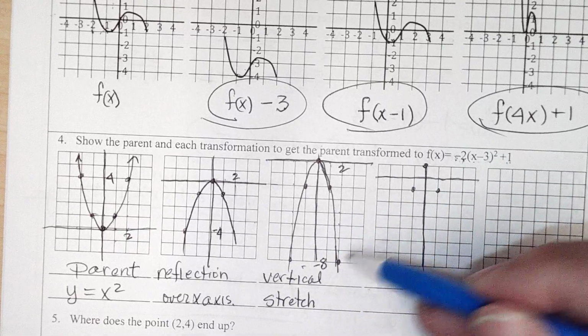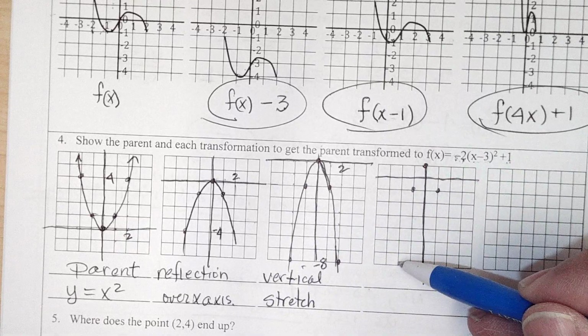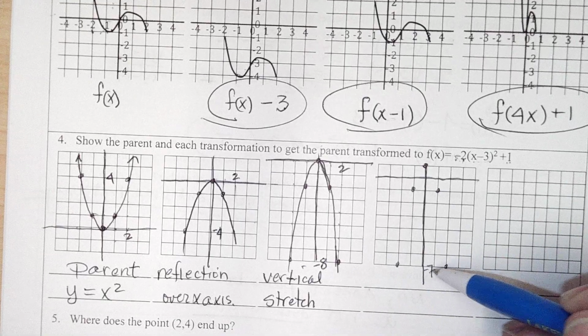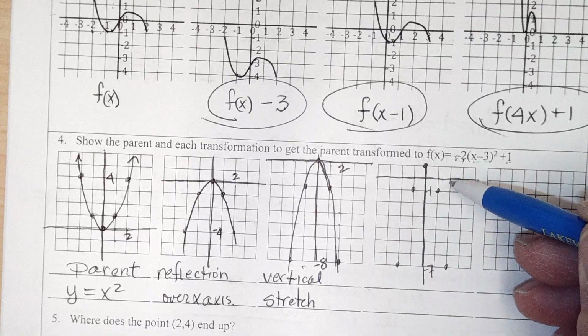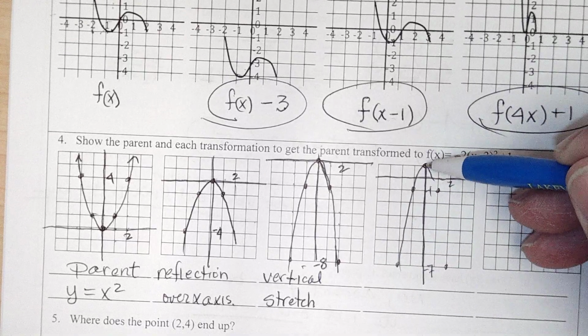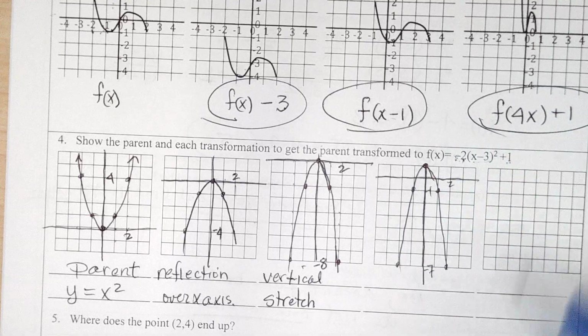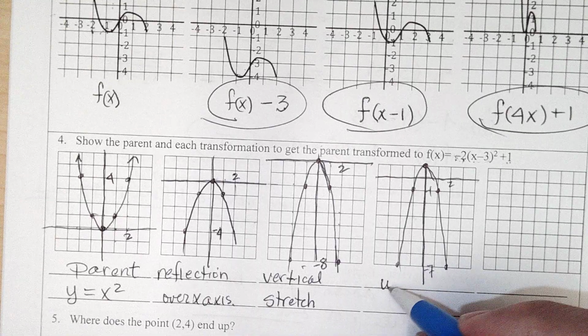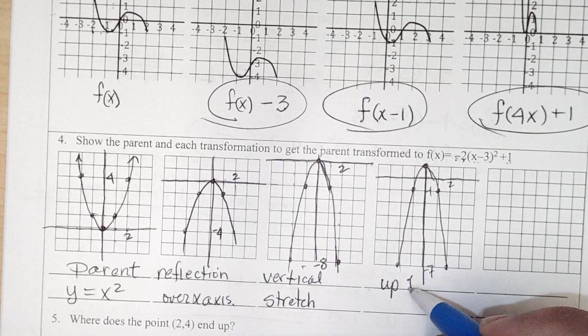These were down 8, so they're going to go to down 7. So we've lifted the graph up 1.